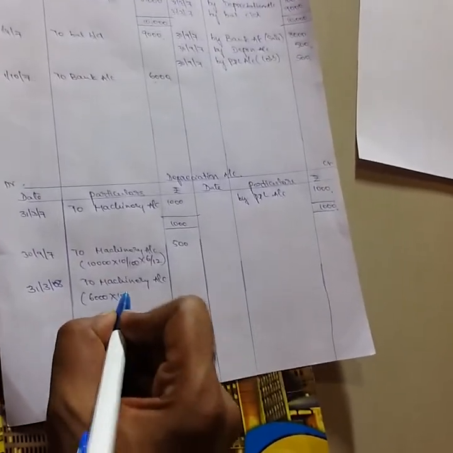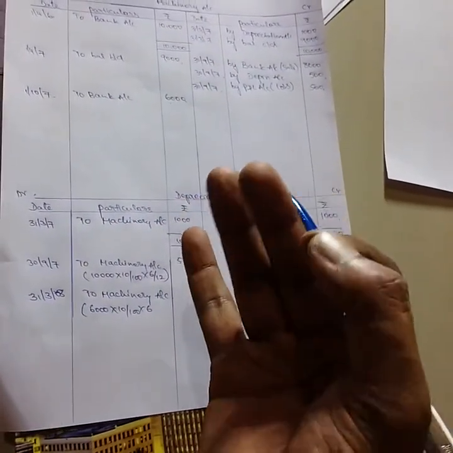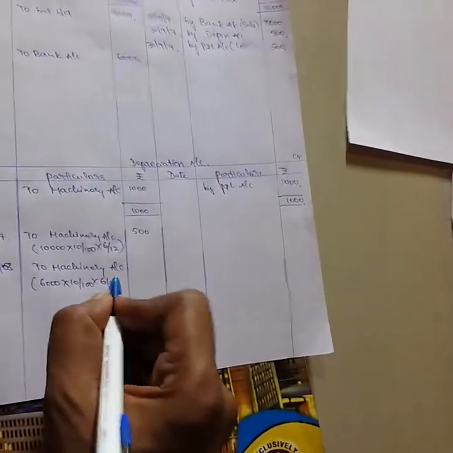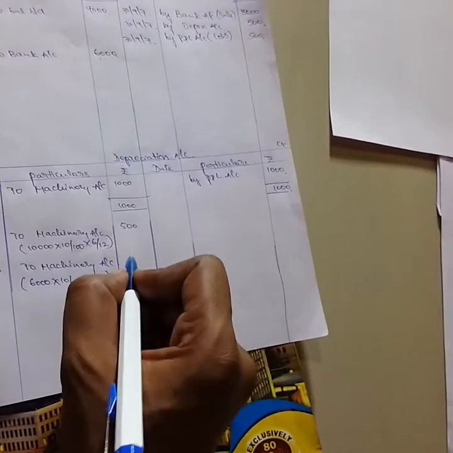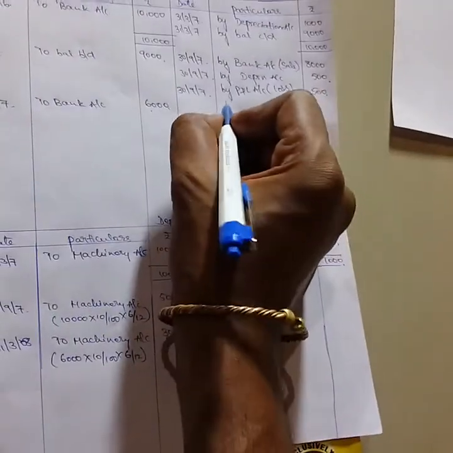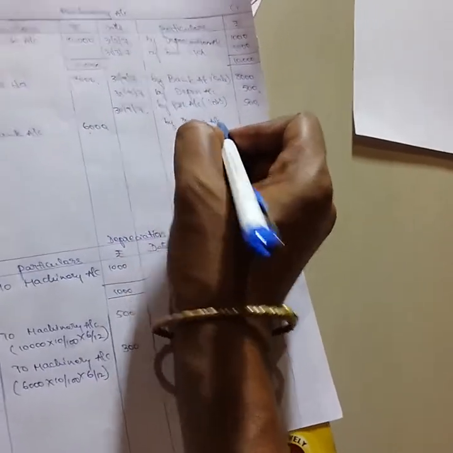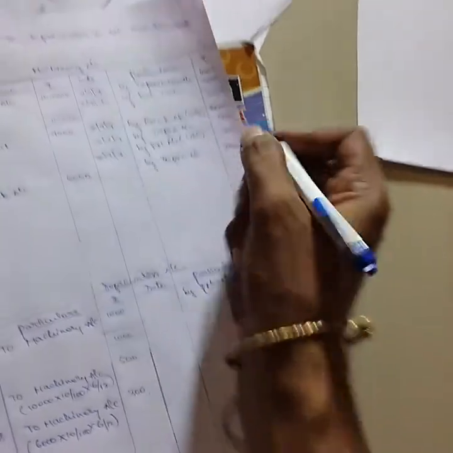Rate of depreciation is 10% and it is used for 6 months from this date to year end: October, November, December, January, February, March. 6 months we used, 6 months out of 12 months. 600, 300 is depreciation. Depreciation debit, machinery credit, by depreciation account. 300 is depreciation.